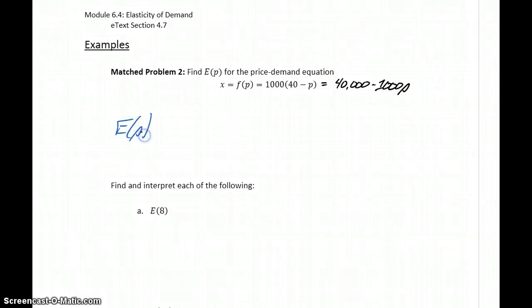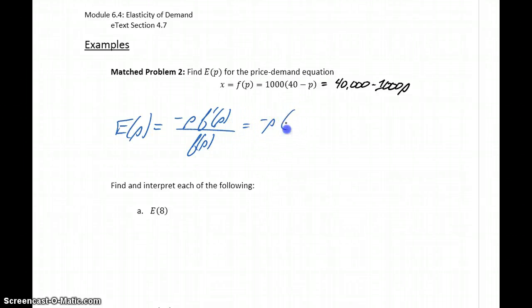So the first thing we need to do to be able to evaluate elasticity at these different price points is come up with that elasticity function, which again is the opposite of p times the derivative of our demand function over the original demand function.